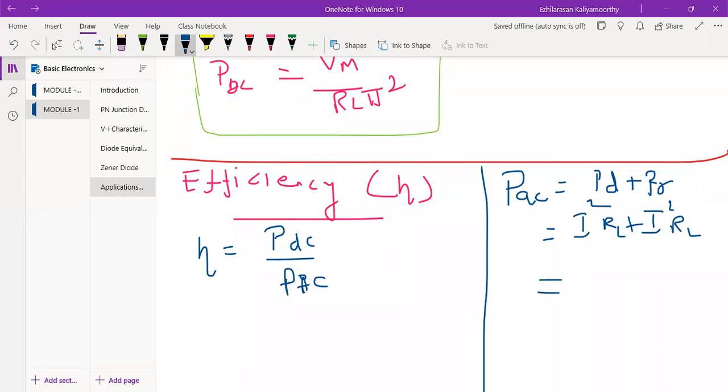The input is what we have given. The input I is nothing but Im.